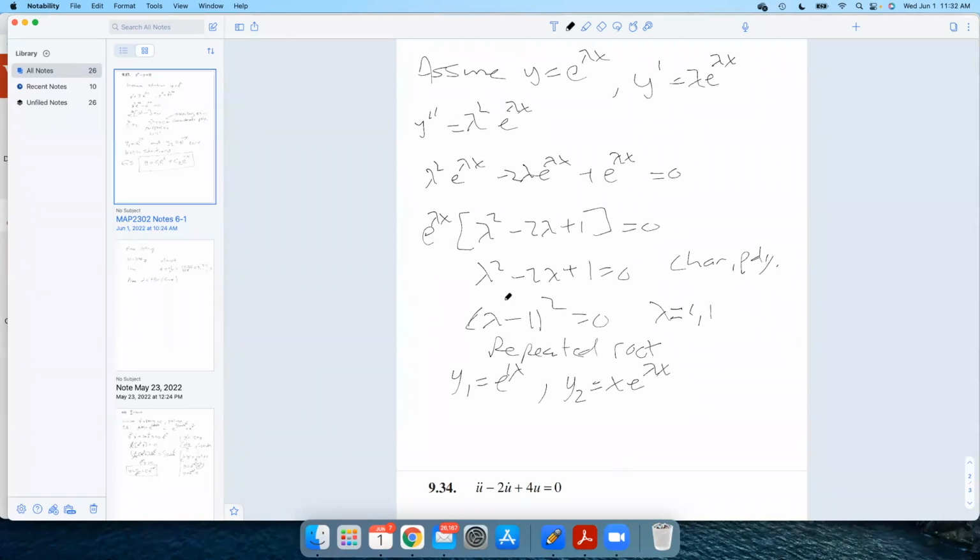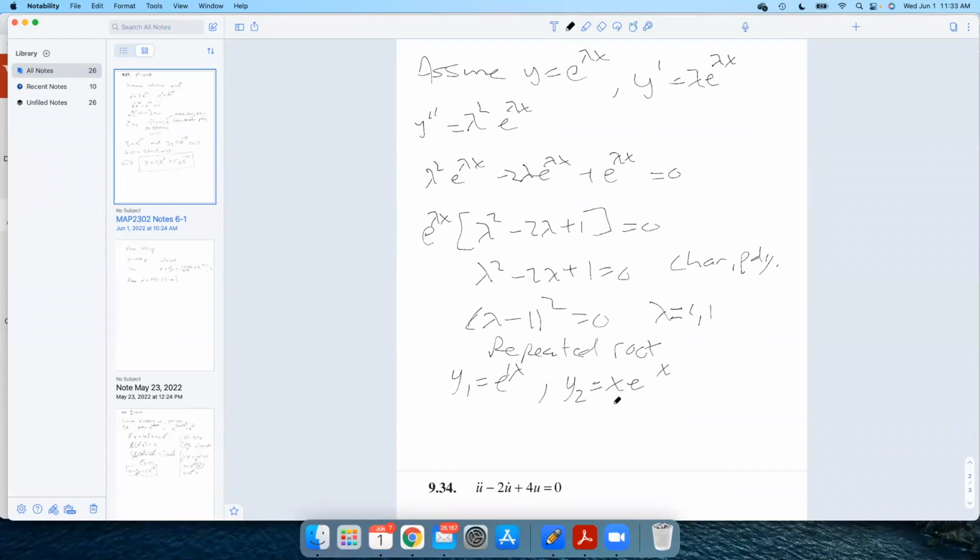If I had, say this were to the 5th power, so I had lambda equals 1 5 times, then my 5 linearly independent solutions would be e to the x, e to the lambda x, oh, I know lambda's 1, x e to the x, x squared e to the x, x to the 3rd e to the x. They just keep tacking on extra x's until you build your entire set.